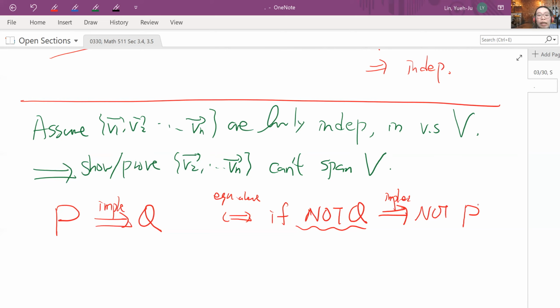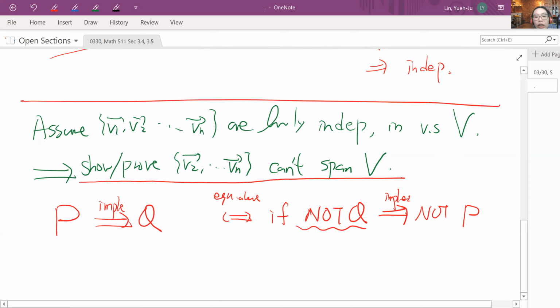In other words, I want to show that V2 to Vn cannot span V. So what if this is wrong? What if V2 to Vn really span V? If this is the case, I should be able to reach some contradiction.